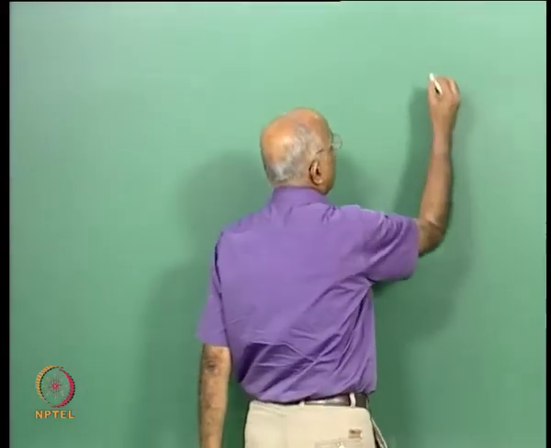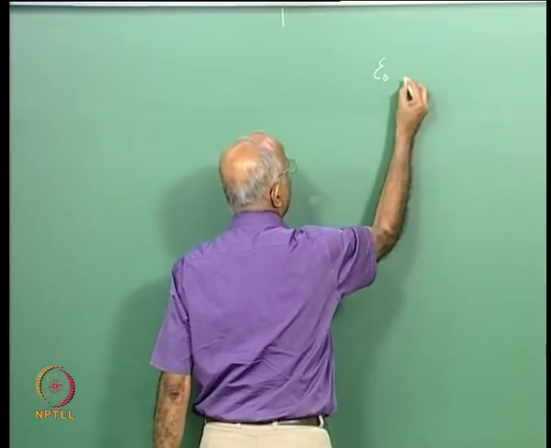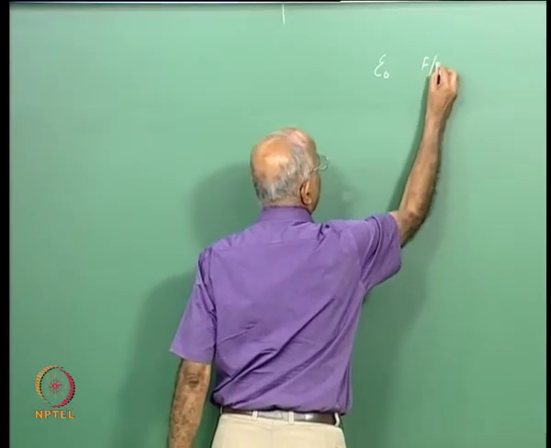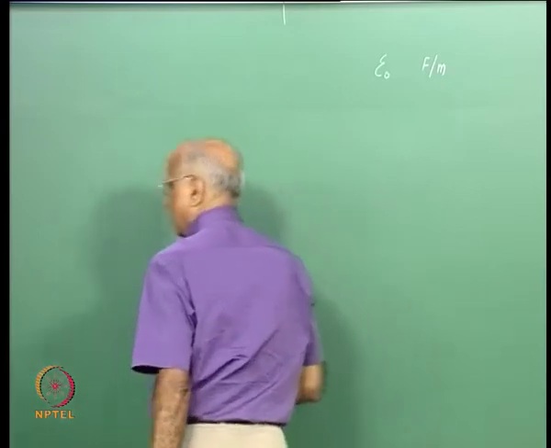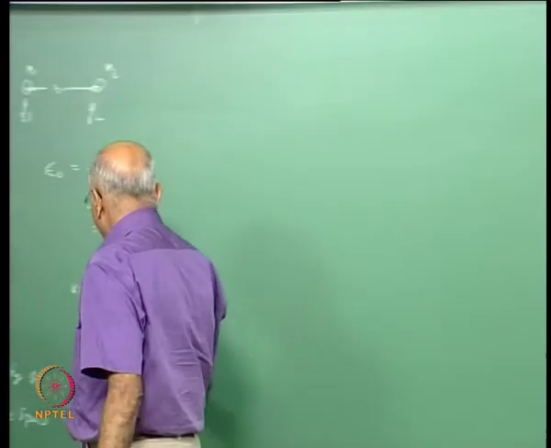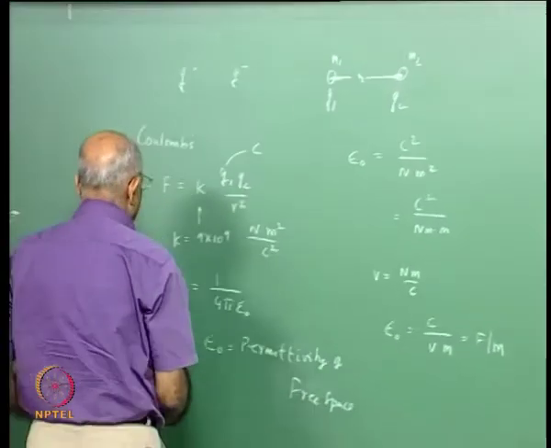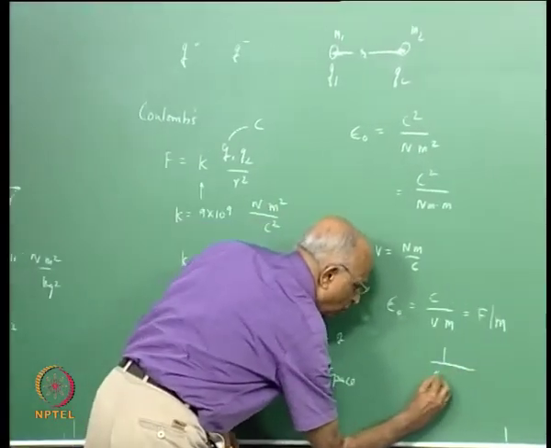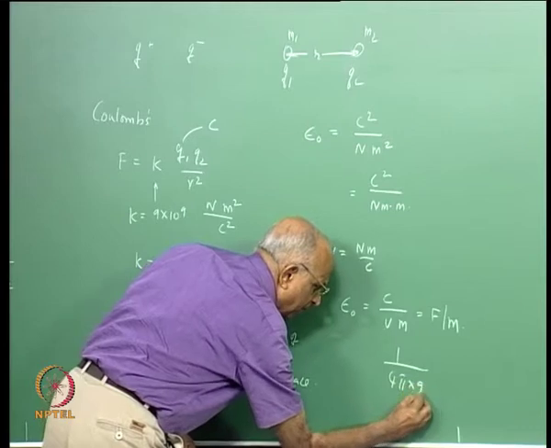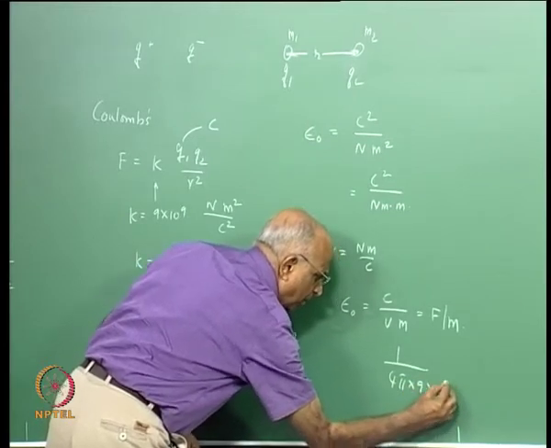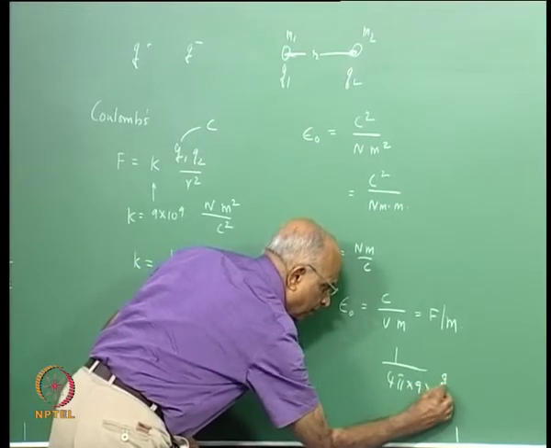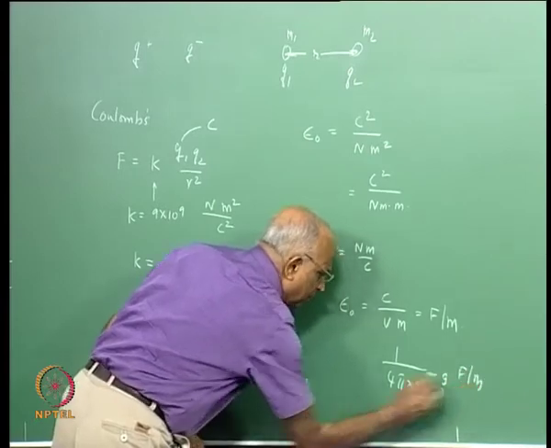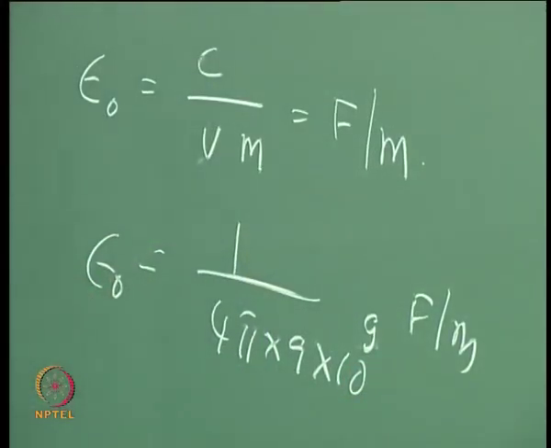We say yes, I define permittivity of free space in terms of farads per meter, and the value of permittivity of free space is going to be 1 over 4 pi into 9 into 10 to the power 9 farads per meter. This is the value of epsilon naught.